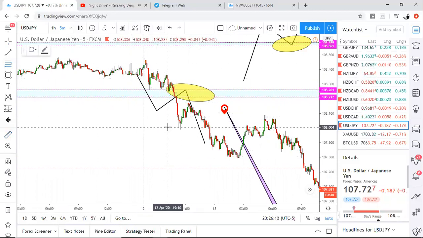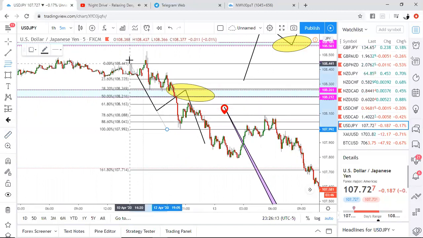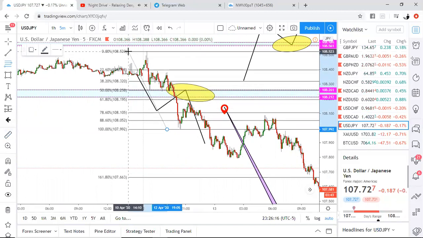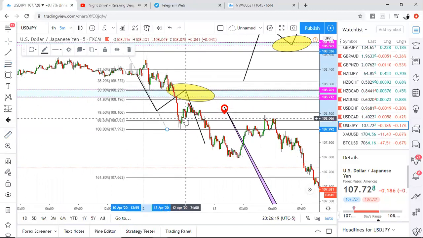If we measure out, and again, this is for more advanced trading, if we draw Fibonacci, we see that there was movement off the 78.6, which is a key area.